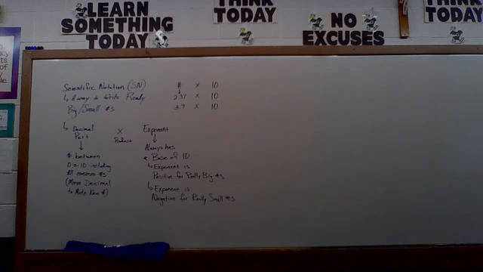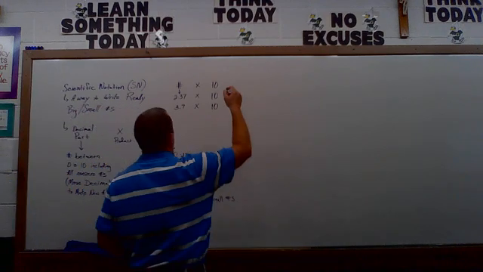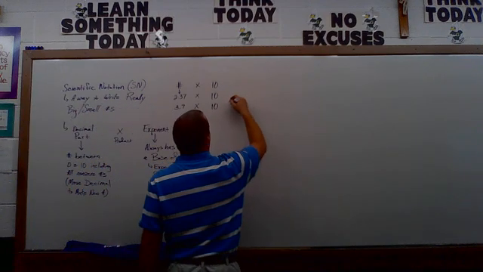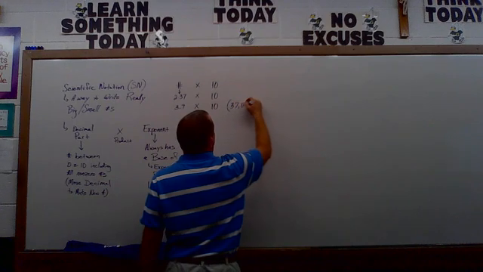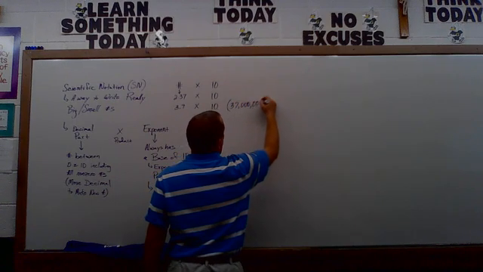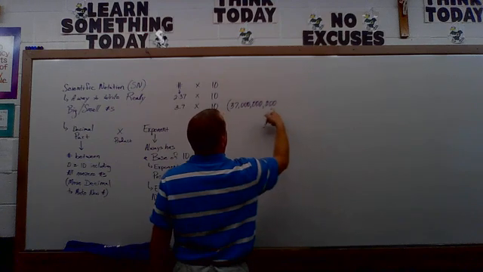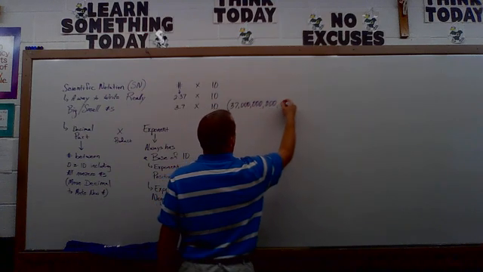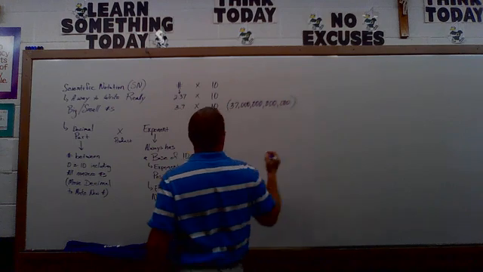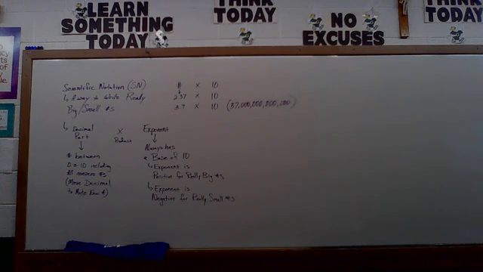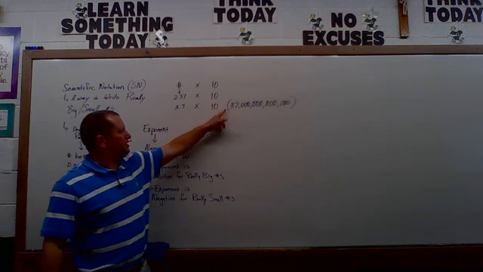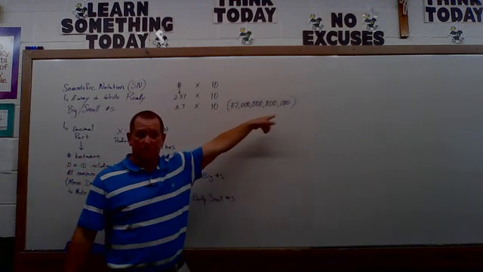Well, again, if we take into consideration 37 trillion, right? How do you think we figure out what our exponent's going to be for 37 trillion?